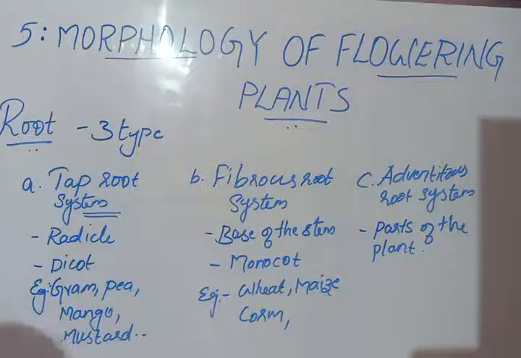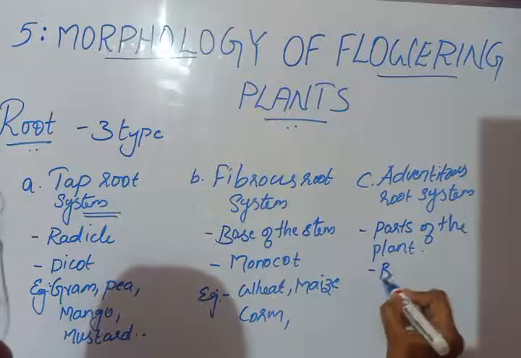Other than the radicle. The adventitious root system can be seen in both monocots as well as dicot plants. Some species of dicots and monocots may show an adventitious root system.